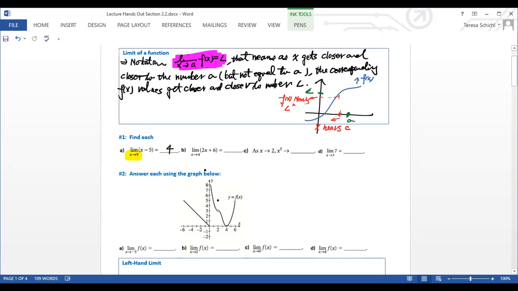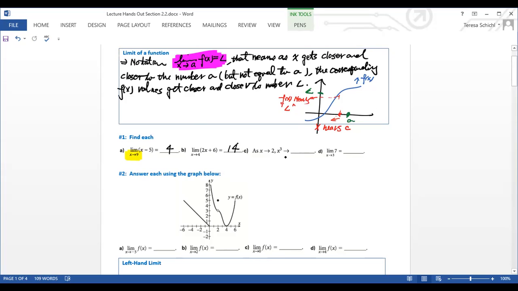The same way here, when x gets closer and closer to 4, what is this value getting close to? 2 times 4 is 8, 8 plus 6 is 14. So when x is getting closer and closer to 4, this value will get closer and closer to 14. That's why we say 14 is the limit here.